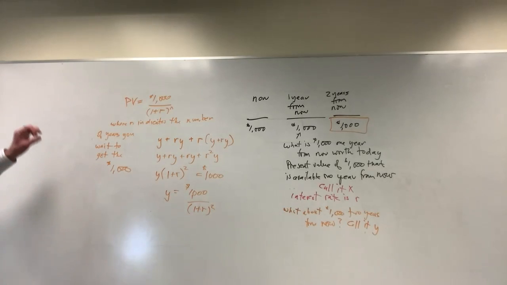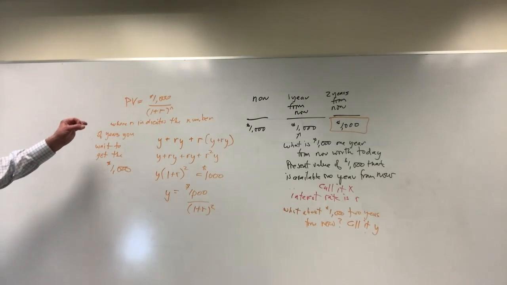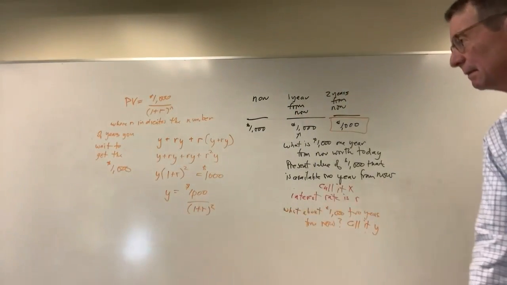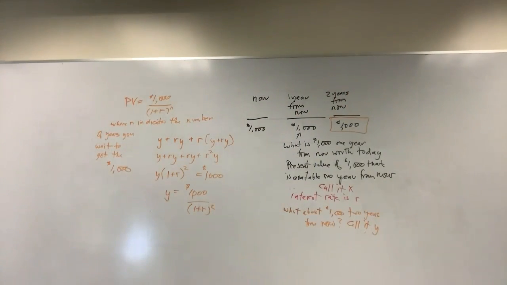And that works if you've got a stream of benefits. It works if you've got a stream of costs. So it's a very general, useful kind of discounting formula.